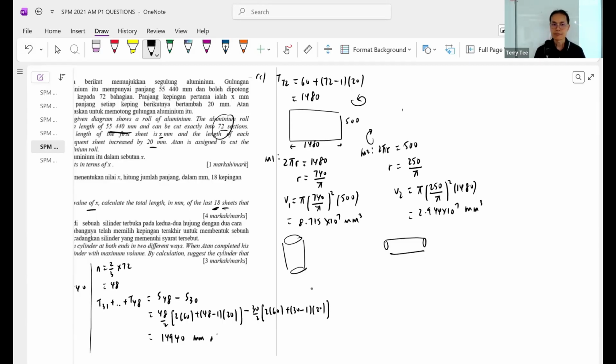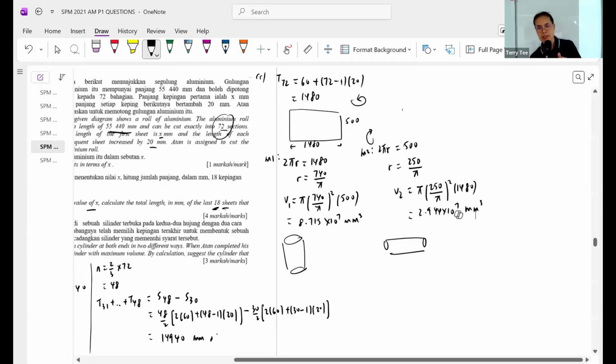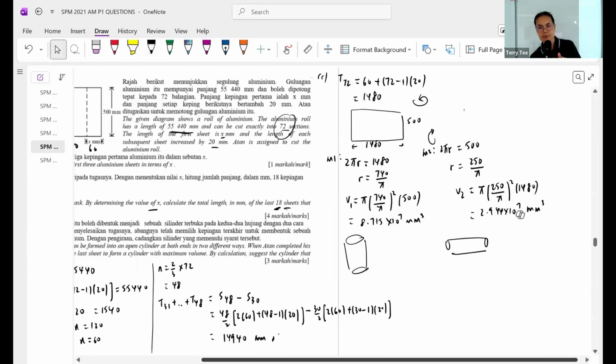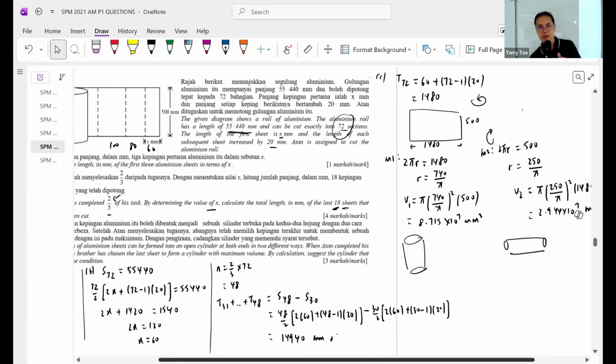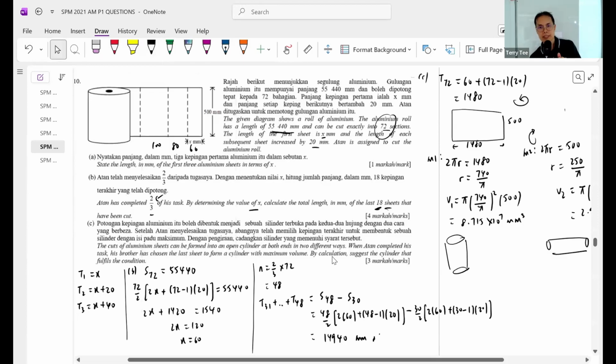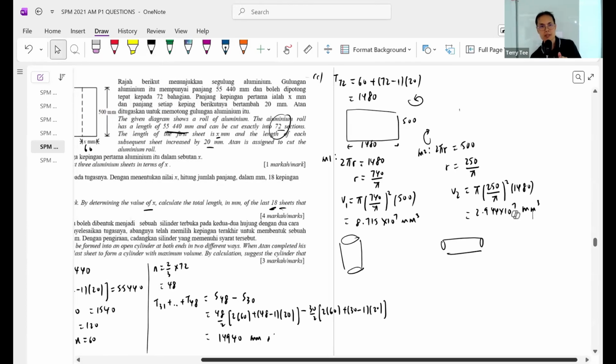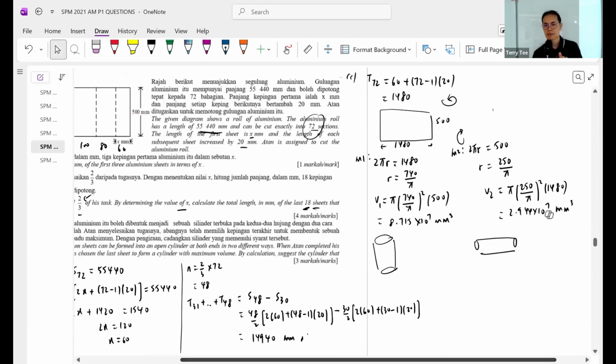Okay, so which one is bigger? The question says, suggest, okay, read the question one more time. They say, by calculation, suggest the cylinder that can fulfill the condition. Okay, we say, therefore, the cylinder with, maybe I say circumference.